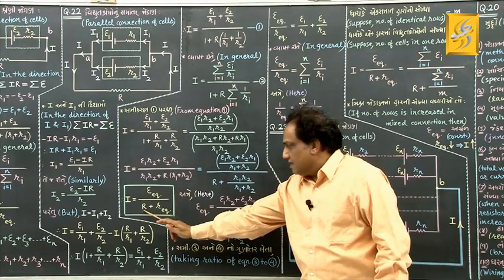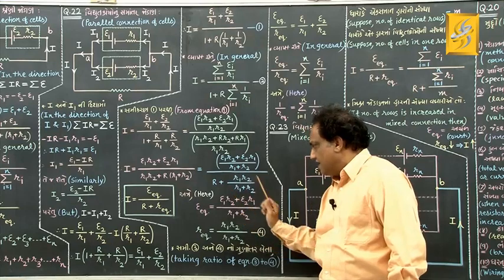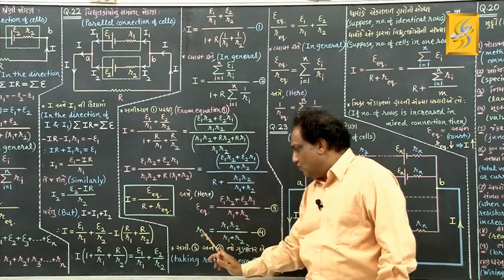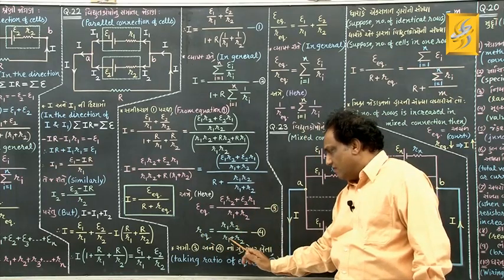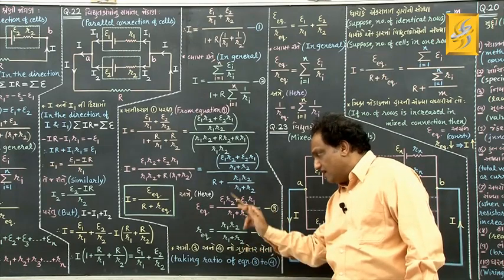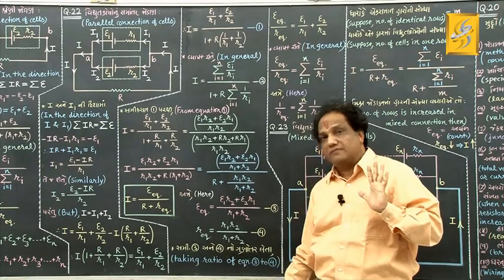And this capital R as it is, but in place of this term I am writing small r eq. So this small r eq must be this much, R1 R2 upon R1 plus R2, correct. Mind well, at present we have derived these results for only two cells connected in parallel, correct.